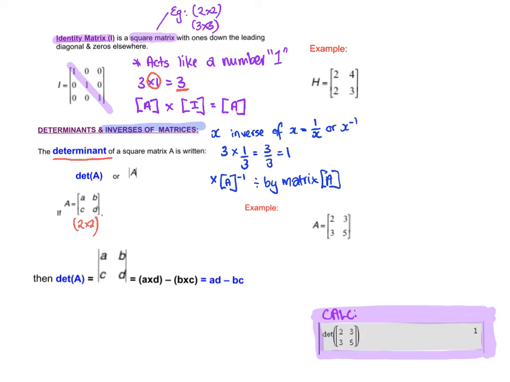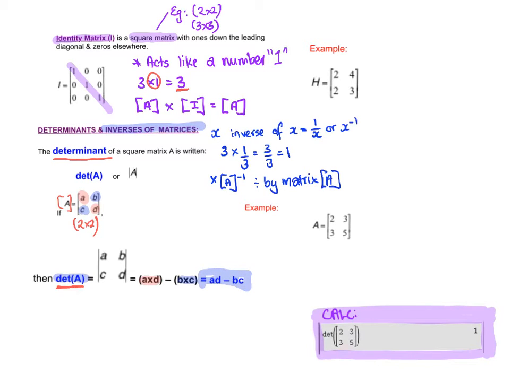Now, the determinant can be found by, so we'll often refer to it as det A. Now we're calling it A because this matrix is called A. Now, can you see what I'm going to do is I'm going to multiply whatever number's there with D. So you can see A times D. Then I'm going to minus the B times C value. And so here you can see we've got the formula for determinant.